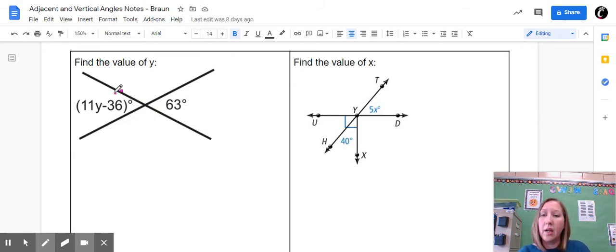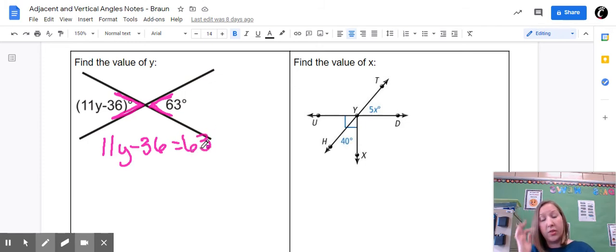If I look, I can see that these are vertical angles because they're across from each other. And I know that my vertical angles are equal, they're equivalent. So what I can do is put my equal sign right there in the middle. So 11y minus 36 equals 63.